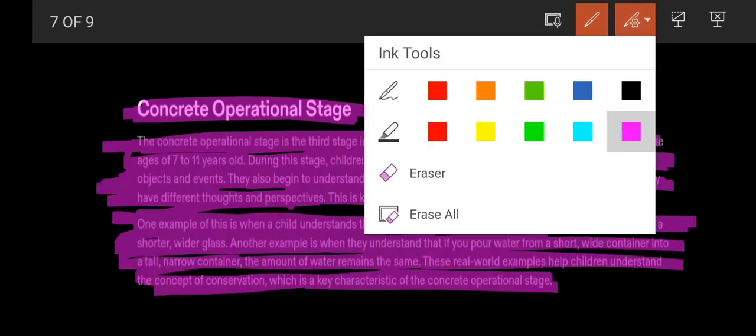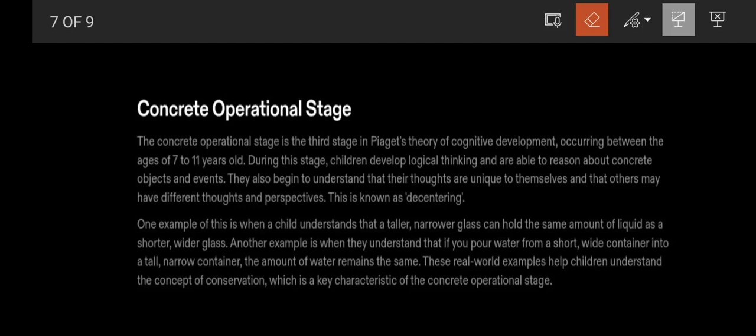In the previous stage we saw that the child struggles with the concept of conservation. But in the concrete operational stage the child will not struggle, because he starts understanding the concept of conservation.